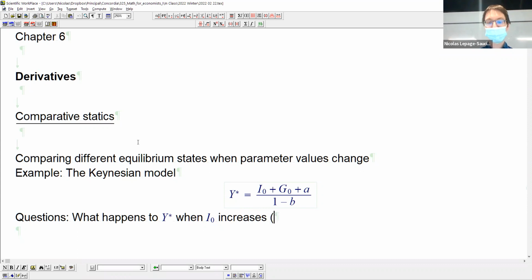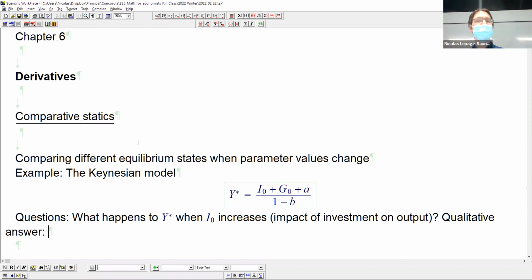What we're saying there is, what is the impact of investment on output? Will that increase or decrease output? Then you could just give a qualitative answer. What would your answer be?